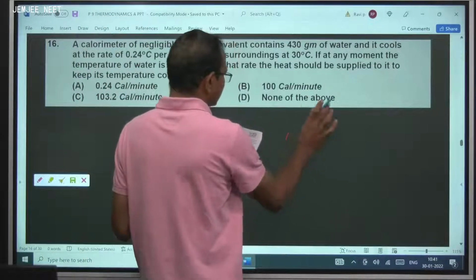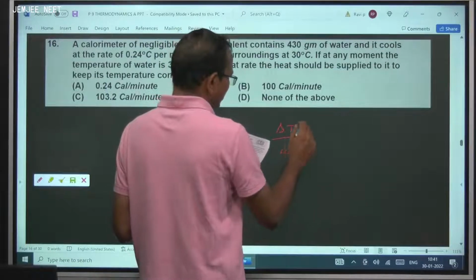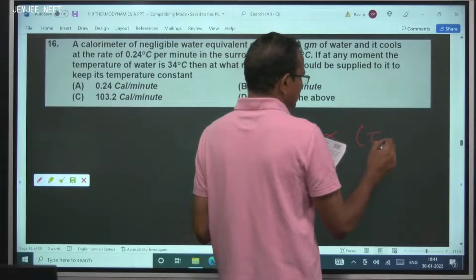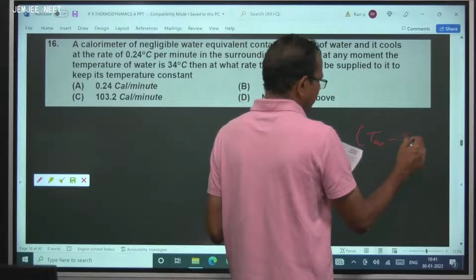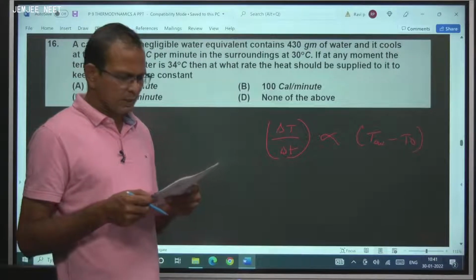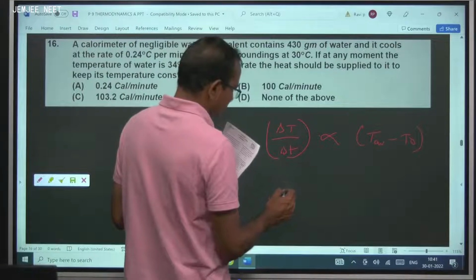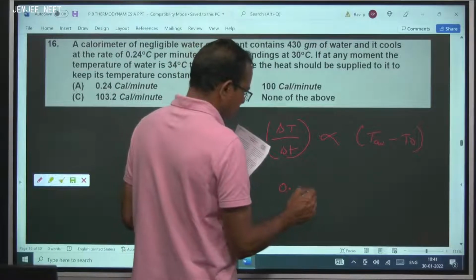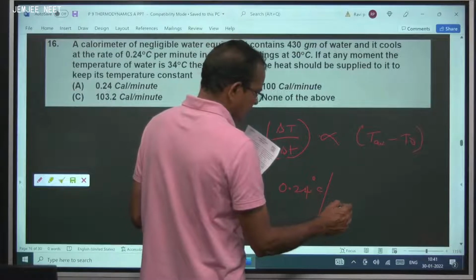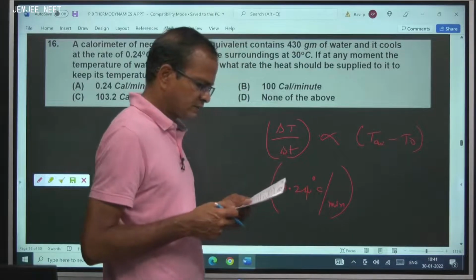dT by dt, just now I discussed with you, is directly proportional to T average minus T naught. This is our case, rate of cooling. Now we substitute. Rate of cooling is 0.24 degrees Celsius per minute, right?